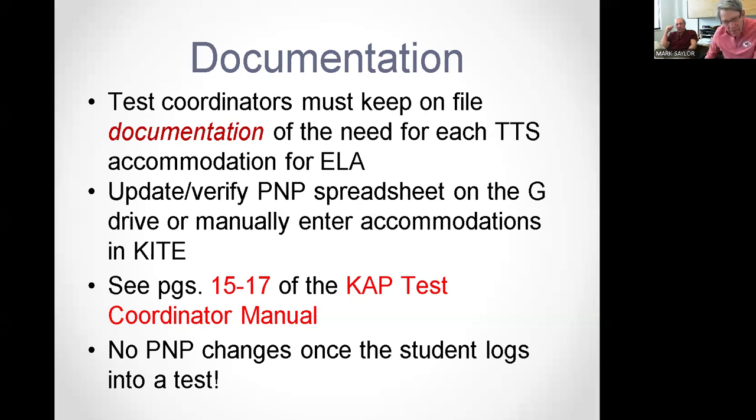Bob, we probably ought to give them the bad news right here. The old Kansas Assessment Examiner's Manual that had everything in it, about 60 pages, it's no more this year. KSDE decided to spread the fun out between 3 separate manuals. So now it's kind of a hunt and peck situation.